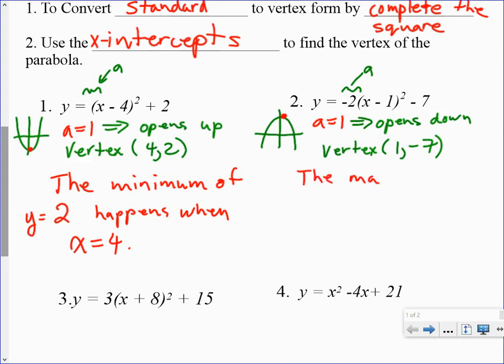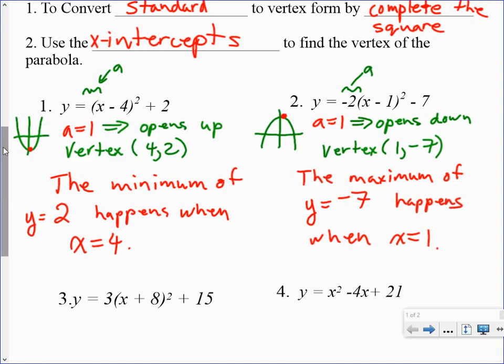The maximum of y equals negative 7 happens when x is equal to 1. And we're done. Now we have just stated all that information.